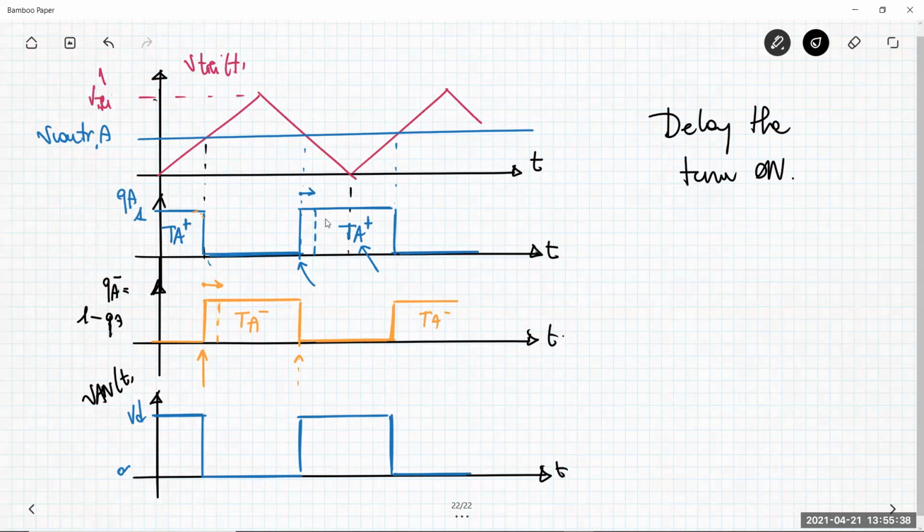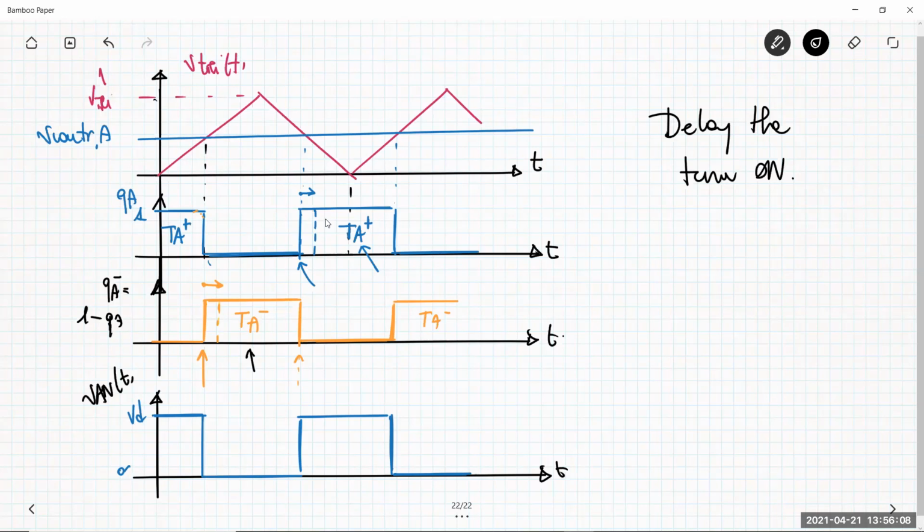Okay, in this way. What happens now? First of all, what is the amount of this delay? The amount of delay is to be pretty sure that the device, for example here TA minus, is completely off during the turn off time interval of the transistor TA plus. So it depends on the switching characteristic, the dynamic behavior of the transistor you are using.